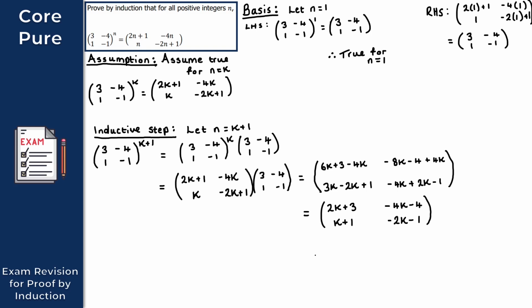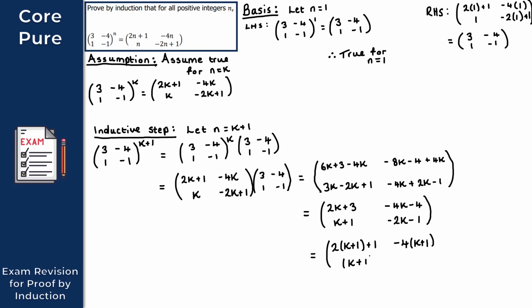All we want to do then is show where the k plus 1s are. So if we do that, we get two lots of k plus 1 plus 1. And for this element, we get minus 4 lots of k plus 1, so minus 4 times k plus 1. For the bottom left element, that would simply be k plus 1, right? We can't do anything with that.